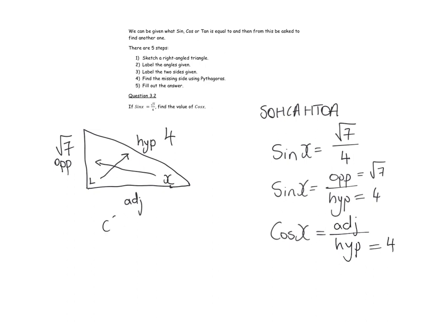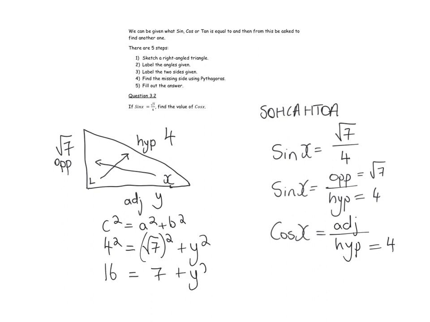So we have here c squared is equal to a squared plus b squared. So c is the hypotenuse, which we know is 4, so 4 squared is equal to a squared, which will have square root 7, and then b squared, which is the adjacent, which I might label y, plus y squared. So then we'll get 16 is equal to 7 plus y squared.